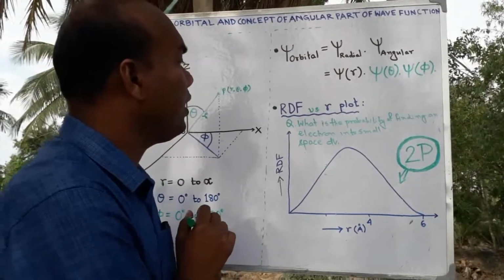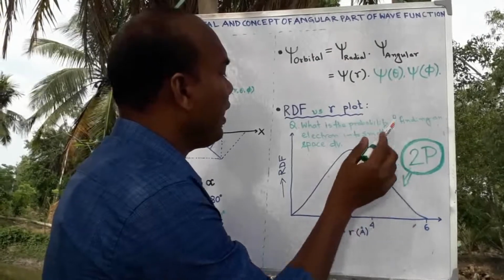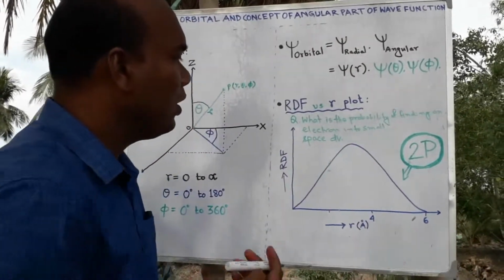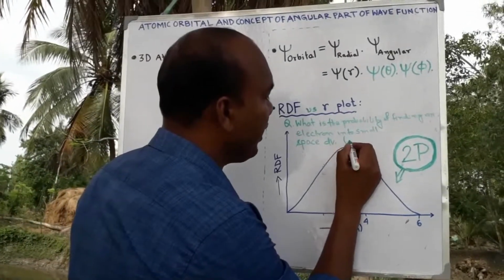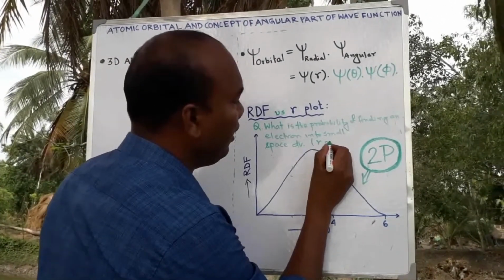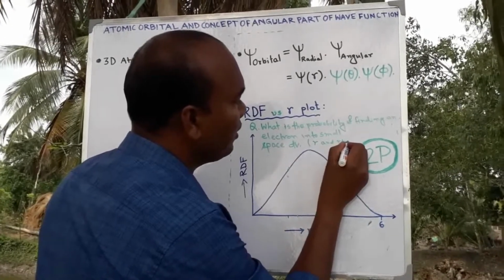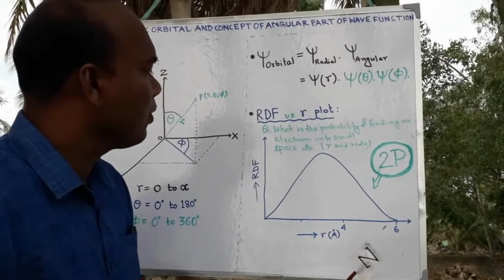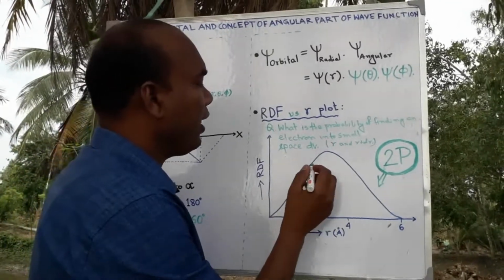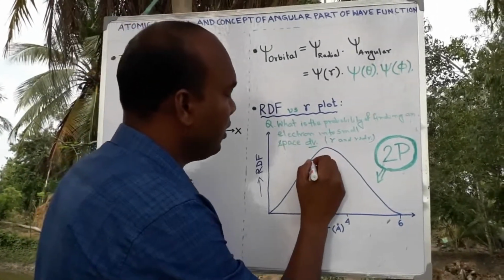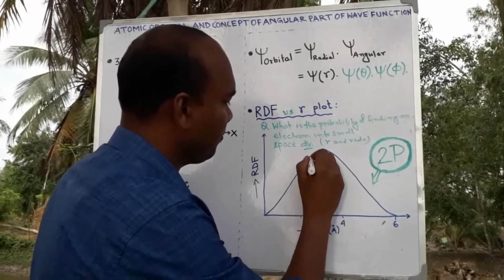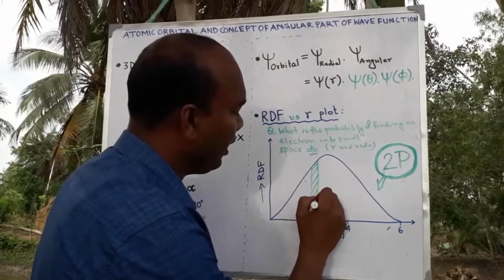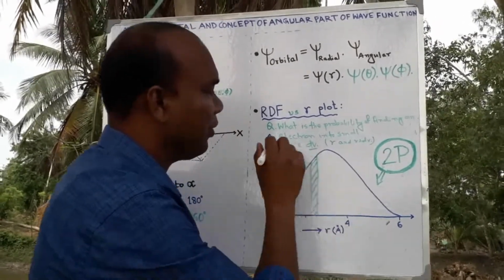That is, what is the probability of finding an electron into the small space dv? Suppose dv is the space in between radius r and r plus dr. Then from the previous video, you know the probability of finding an electron into this space is this. This is the probability of finding an electron into small space dv.